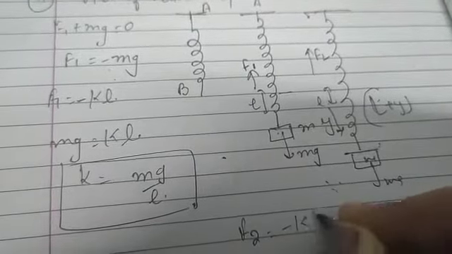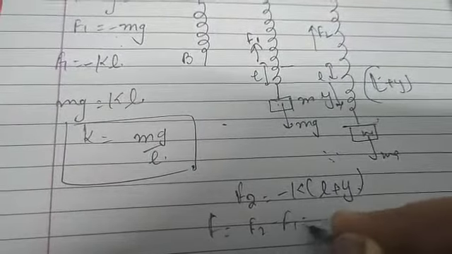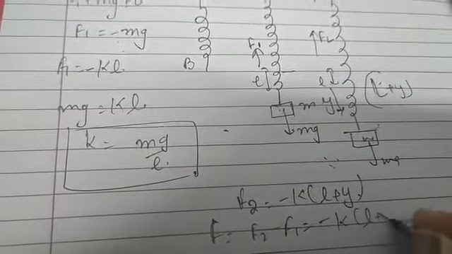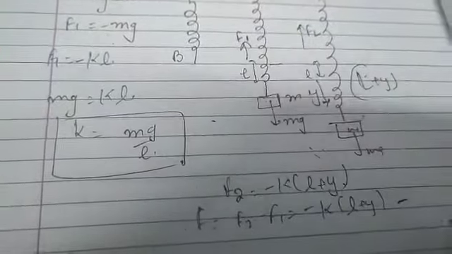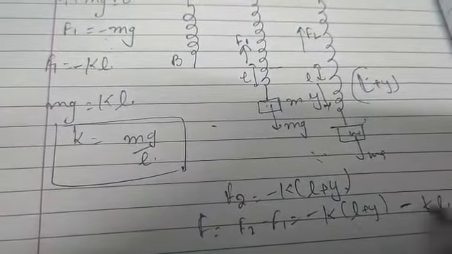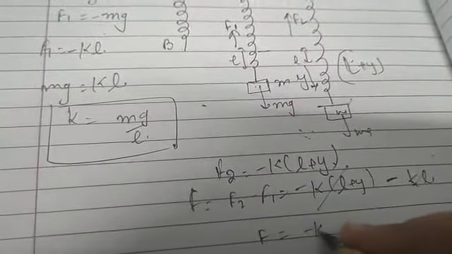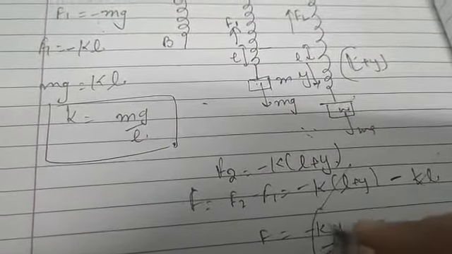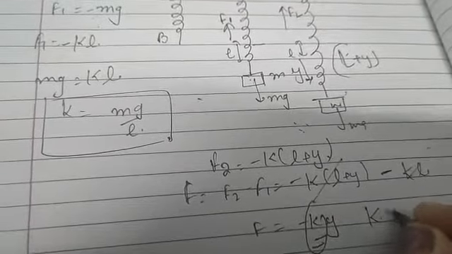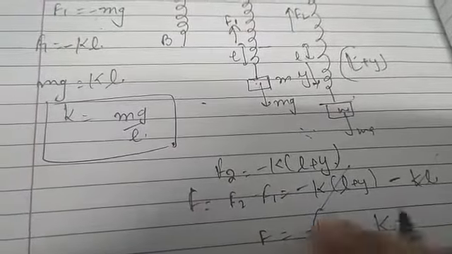Let the force F2 be the restoring force, so F2 is equal to minus K times L plus y. So the net force acting on the system will be F equal to F2 minus F1, which is equal to minus K times L plus y, minus minus KL. Clearly you will see that the KL factor will cancel out and we will have F equal to minus ky. So again we get the spring factor exactly the same, k, as per the force law.